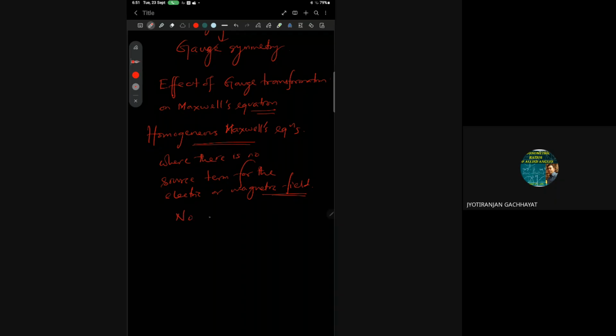So no charge density for the electric field and no current density for the magnetic field. Okay.